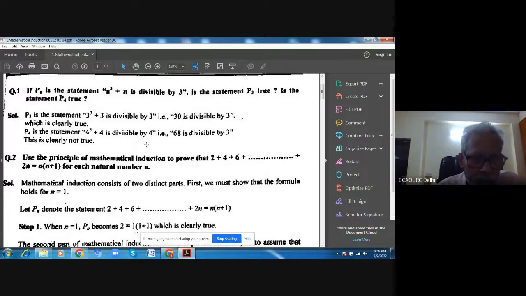No, it is divisible by 4 only. 68 is divisible by 4, yes. If they ask, it is only 4. But by 3 it is not. So that's why it is clearly not true.